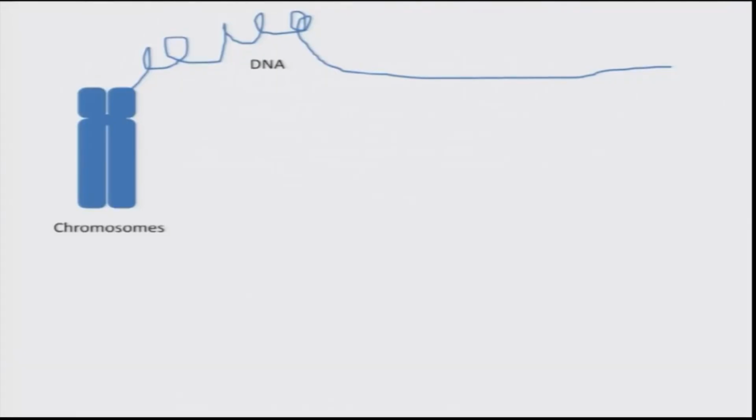You can go back in history, and we will look into some landmark discoveries as to how we understood this. So, if you look into the chromosome as shown in the slide, you can pull out the DNA from the chromosome. From the top to the bottom, the telomeres, the two ends of the chromosome, there is one double helix that runs all the way. That is what you call a DNA. And of course, a small segment of the DNA constitutes a functional part of a gene. This gene has all the sequences that constitute the gene in terms of its function.